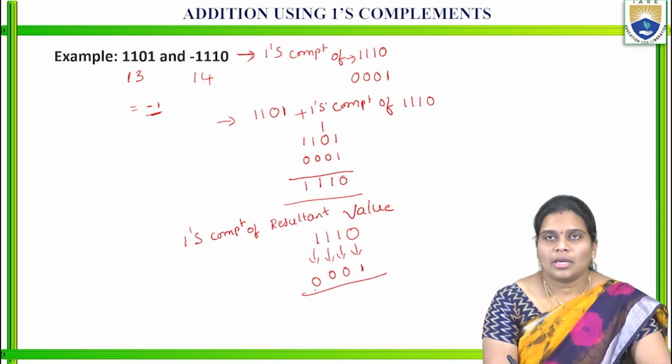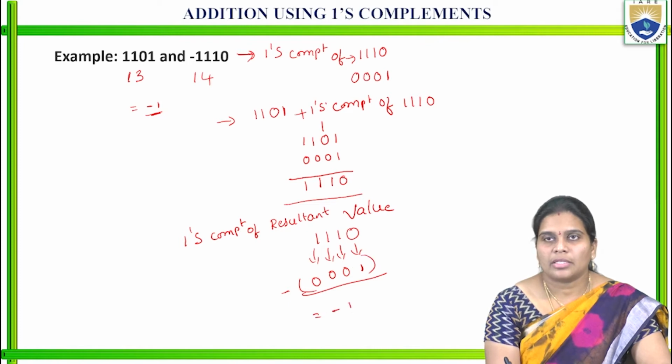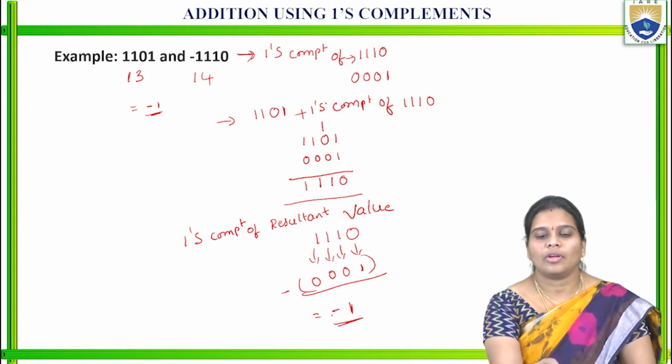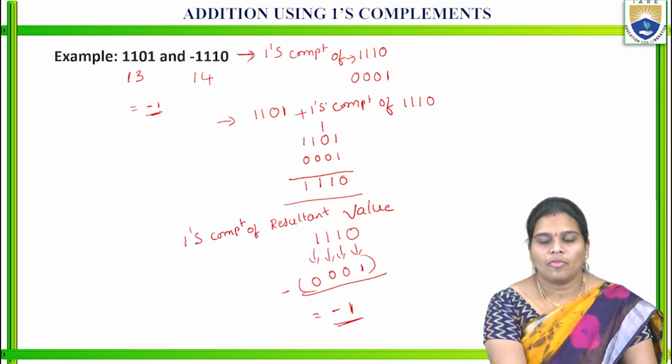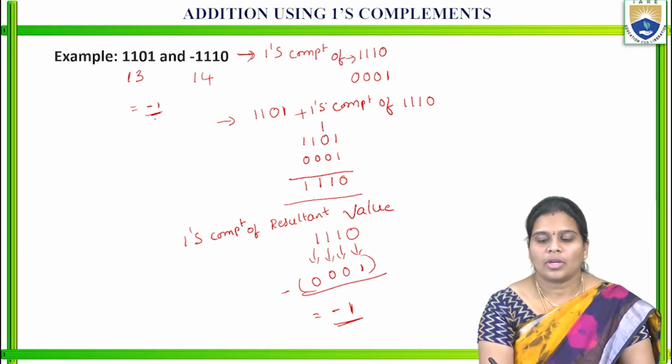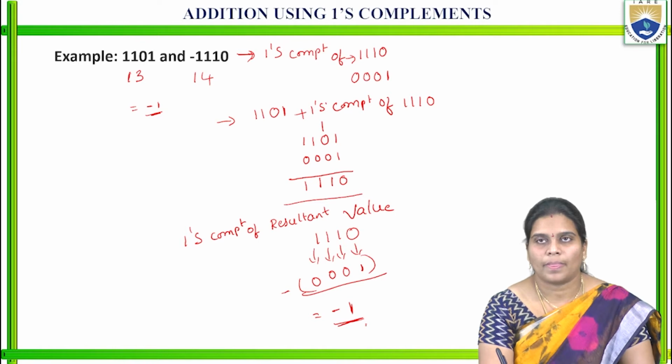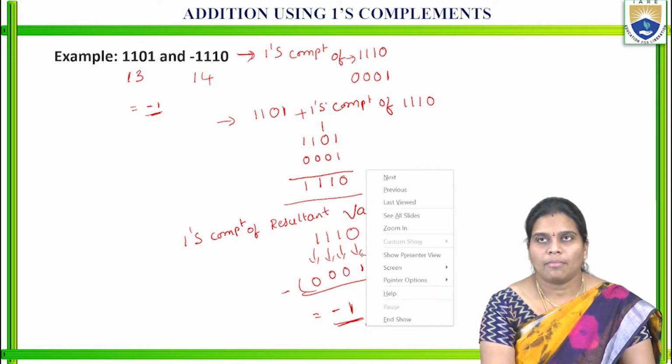So this is the minus of that resultant value. So here we are getting minus 1. 13 minus 14 equals minus 1. Here also we are not having any carry, so again we apply the ones complement of that value, and we get minus 1.